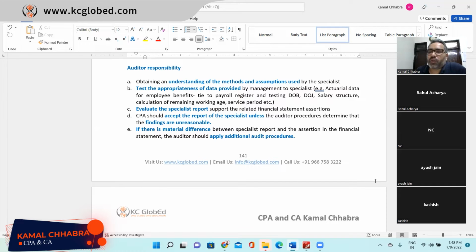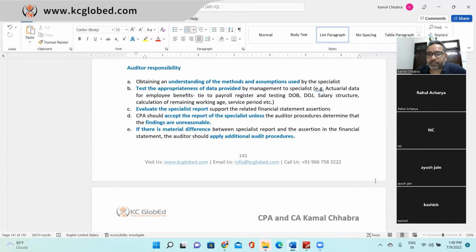For example, if you are doing an audit of payroll, you identified the monthly payroll expenditure is, let's say, $1 million. And the actuarial has considered $800,000 as the monthly salary expenditure. So what is this 200,000 gap? That may result in a huge difference in the long-term employee benefit provision, because that is on a long-term basis.